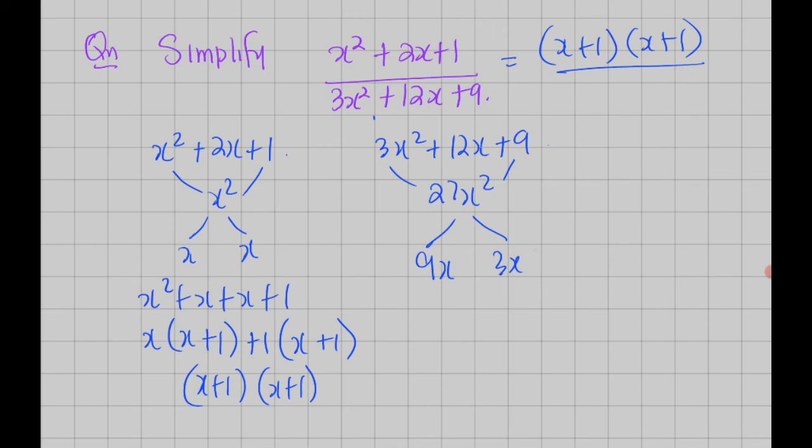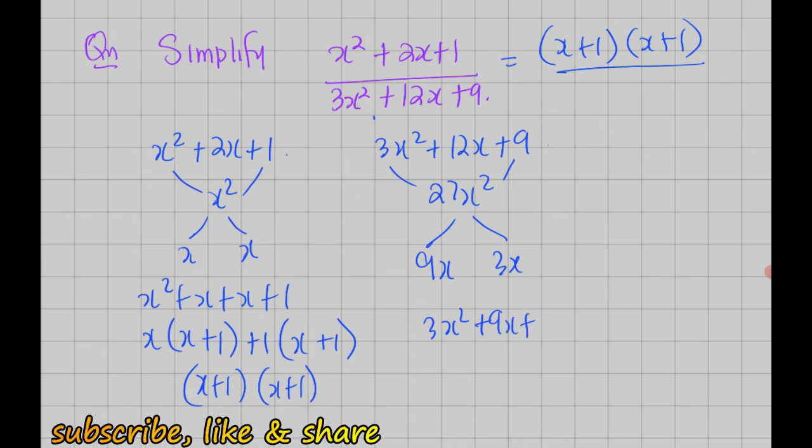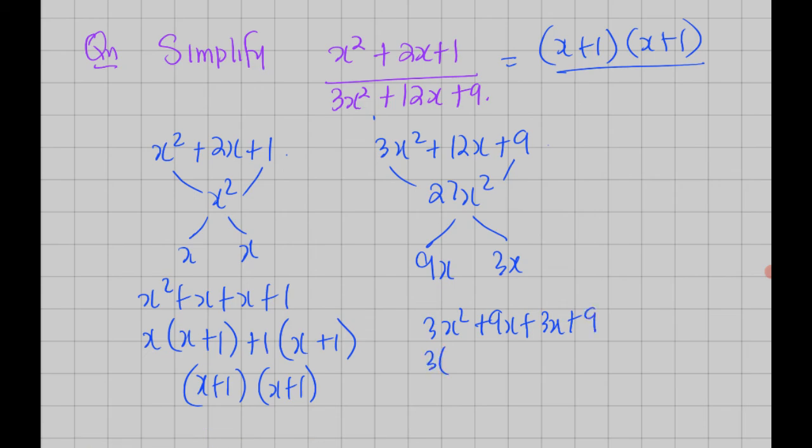When we add these, we get 12x. When we multiply these, we get 27x squared. So it becomes 3x squared plus 9x plus 3x plus 9. So 3x is the factor here. 3x into 3x squared, we get x. 3x into 9x, we get positive 3.